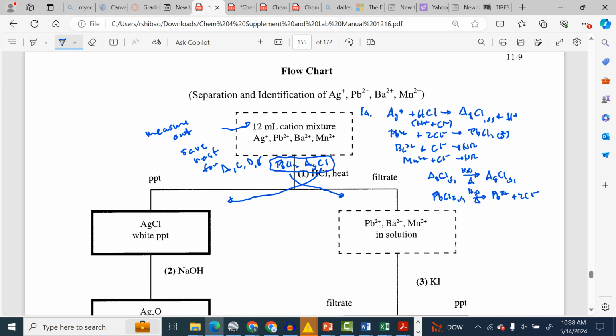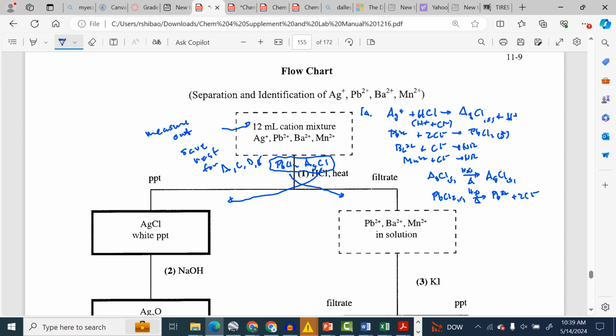A lot of times when people do filtrations, they throw away what we call the filtrate, the liquid that comes off here, or the supernatant. But in our case, we don't want to throw this away. We want to place the liquid that drains out of here into a clean container, because it's going to contain our lead, barium, manganese.